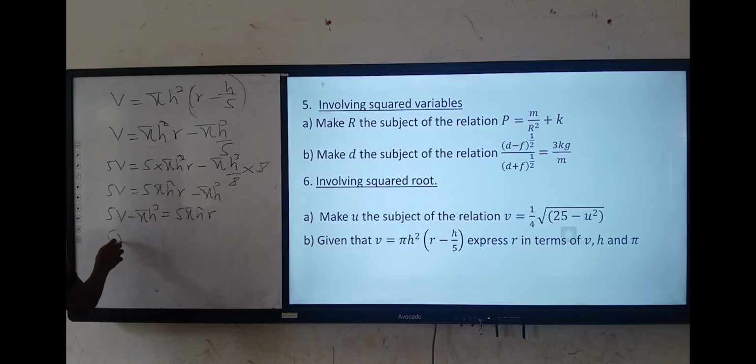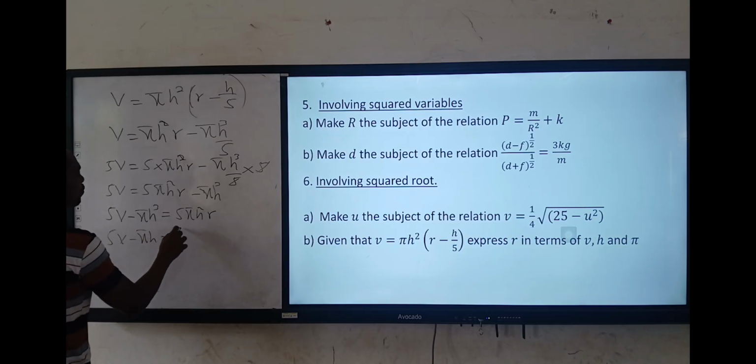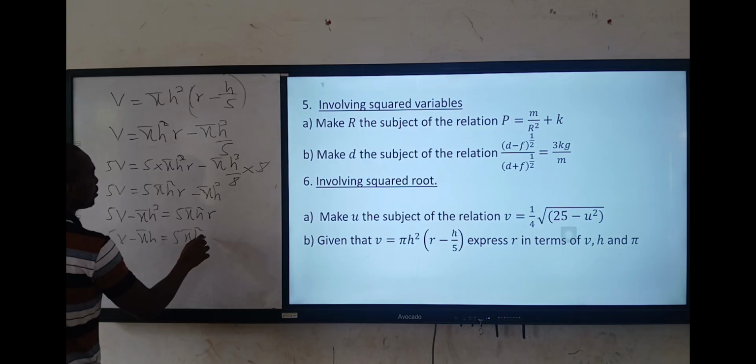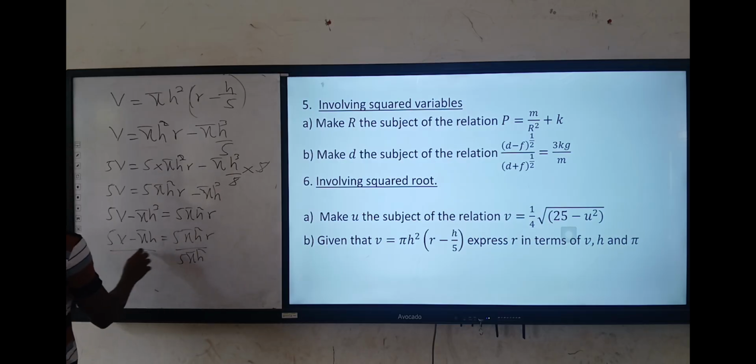So since we want the r, we divide both sides by 5 pi h squared. So divide by 5 pi h squared, 5 pi h squared.